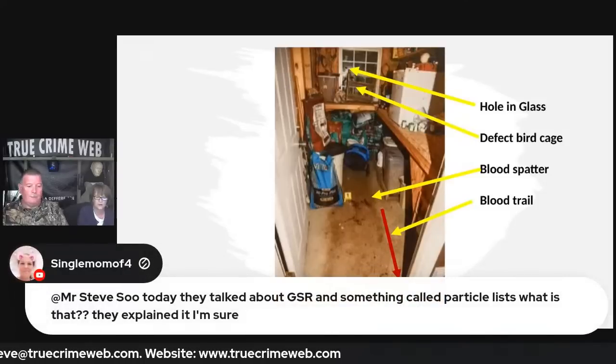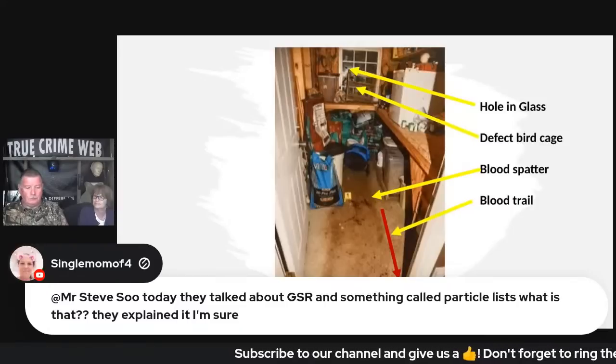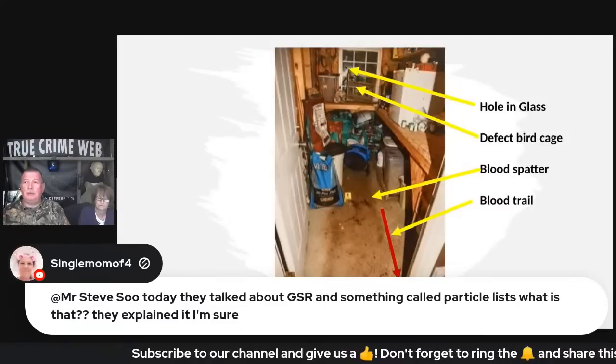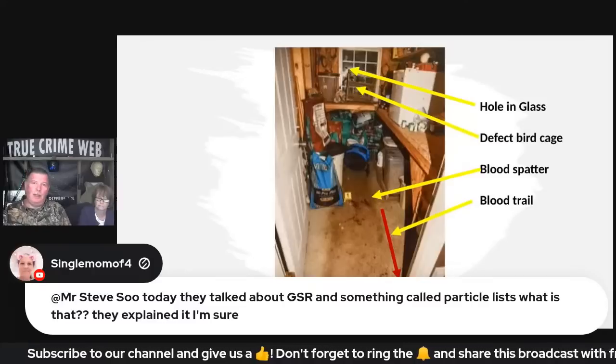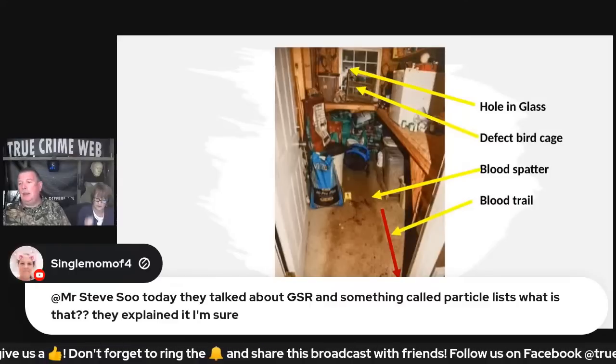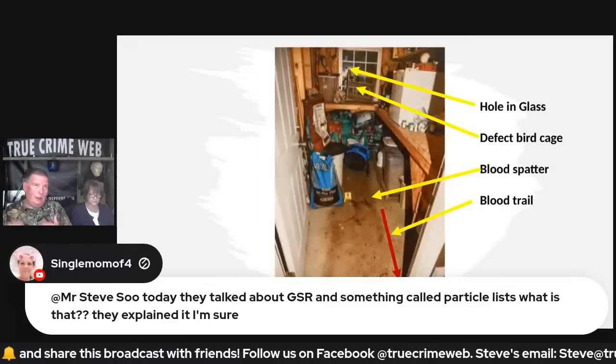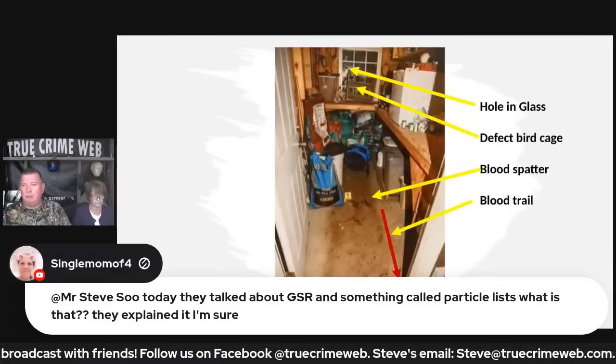Okay. In Single Mama 4. So today they talked about GSR and something called particle list. What is that? I'm sure it's the particles and the different chemicals that make up the gunpowder, and they're made from certain compounds, and when the gun is fired, cause that explosion.